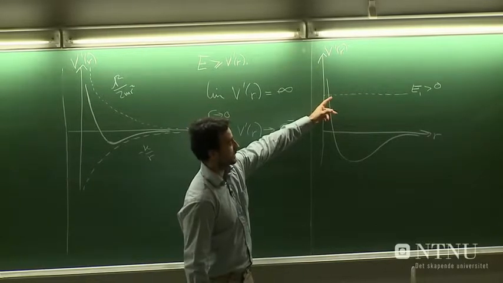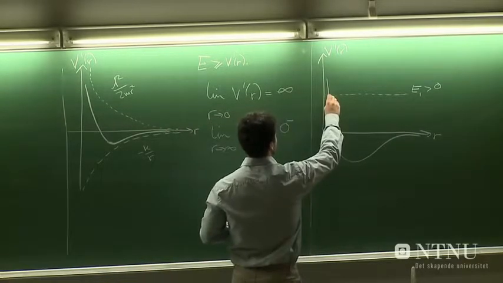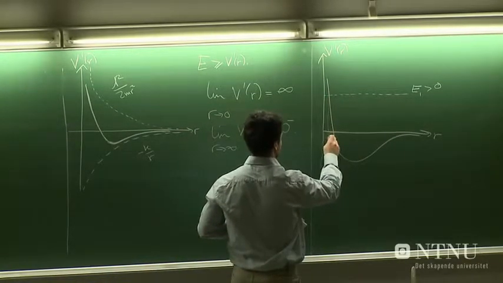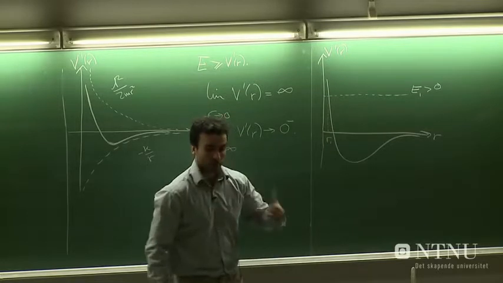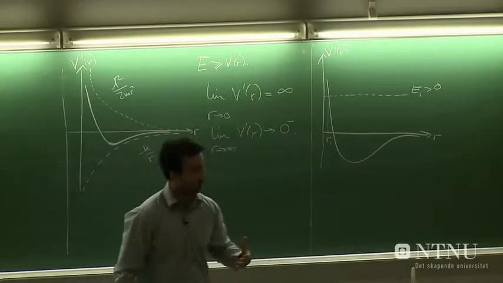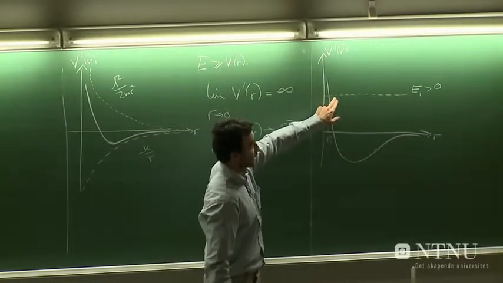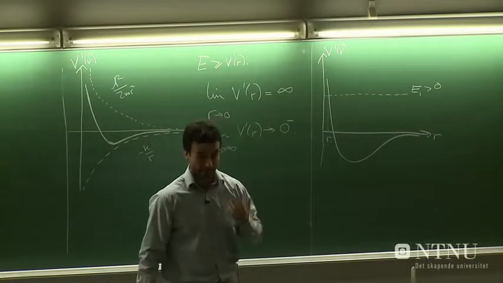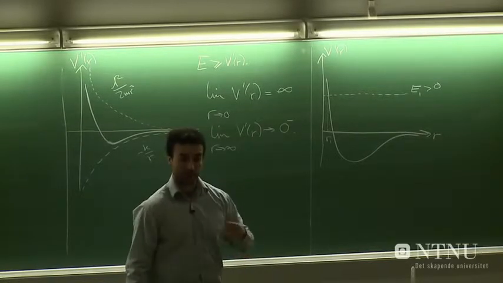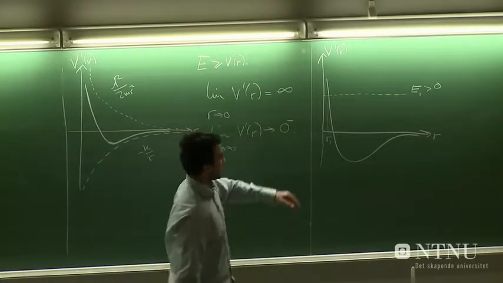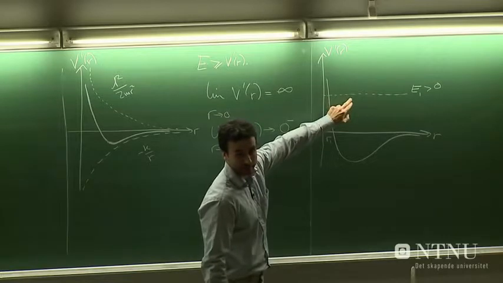The particle cannot, in fact, get any closer than this R. If you call this R1, because the closest distance the particle can arrive at has to be the position where the energy is equal to the potential energy, because in classical physics it is forbidden for a particle to be located at a position where the potential is larger than the energy. So it can't get to 0, because there the potential energy would be greater than the energy.